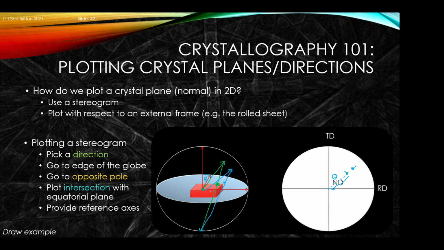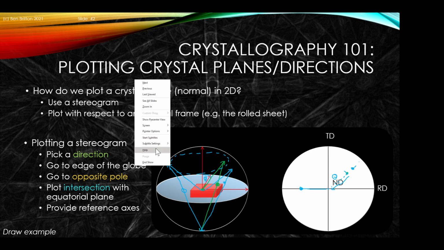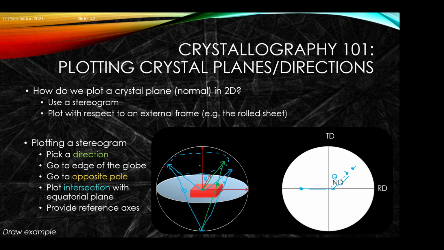If I effectively moved this vector, so I can take one that's running over here, similar to my example that I started with, I could put that, effectively it could sit over there. And I could now effectively spin around this circle, the small circle on the top of the sphere, and I could then plot, let's change the color again, I could plot up, so it's obtaining the same angle.